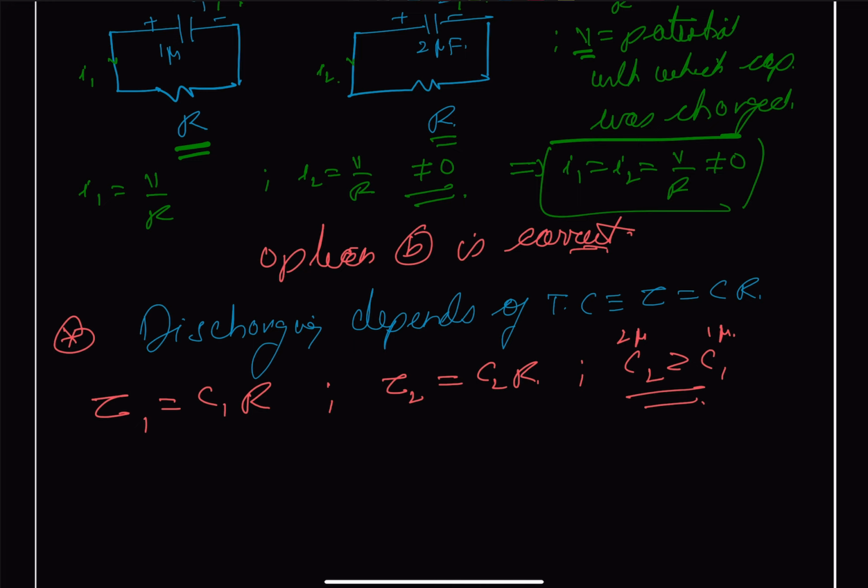So from here we can say that our tau 2 will be greater than our tau 1. So it means C2 is going to discharge with a longer time as compared to C1, or the reverse will be true.